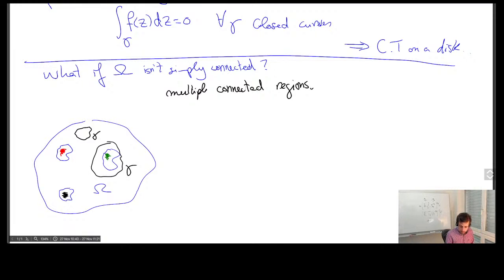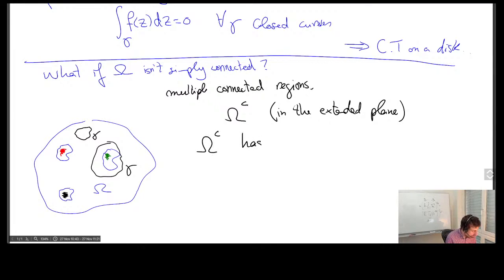Okay, let's try to count the holes of the region. One way to count is to look at the omega complement in the extended plane, and say that omega complement has n components. In this case, it would be 4 components. We would have the unbounded component right here outside, and then each one of the holes inside.